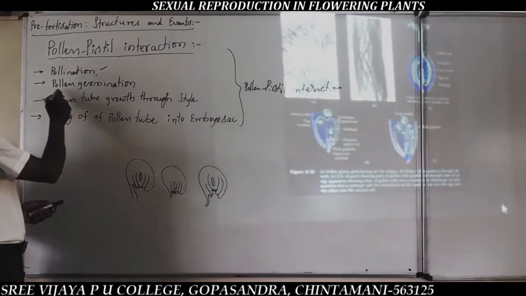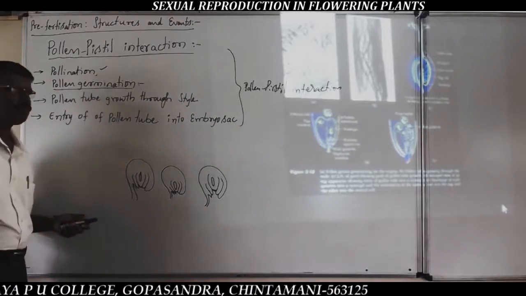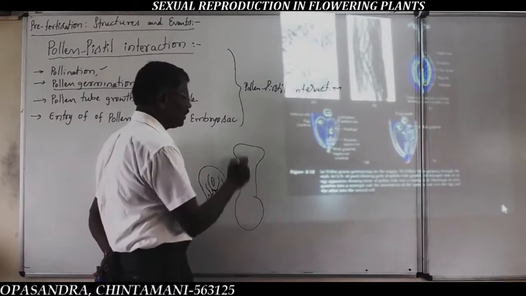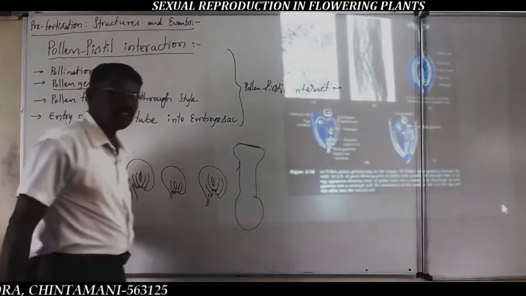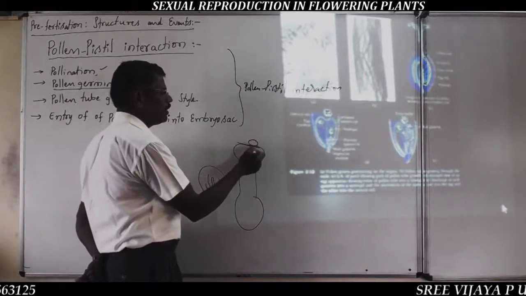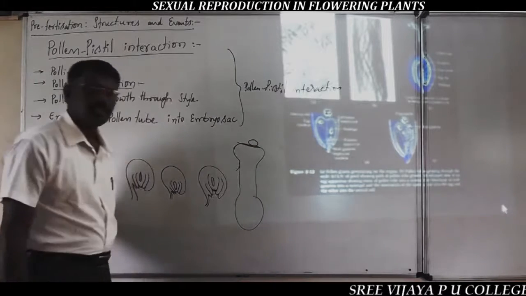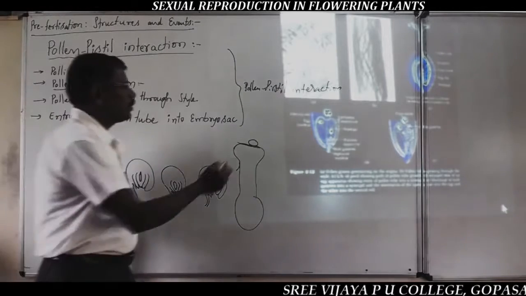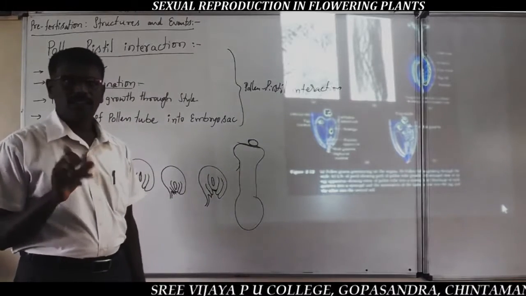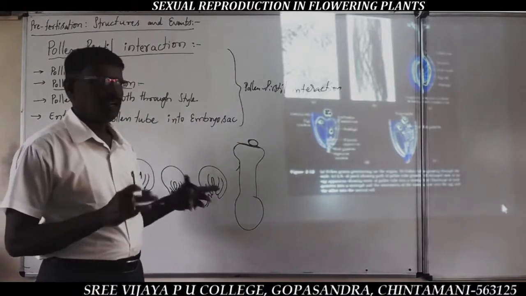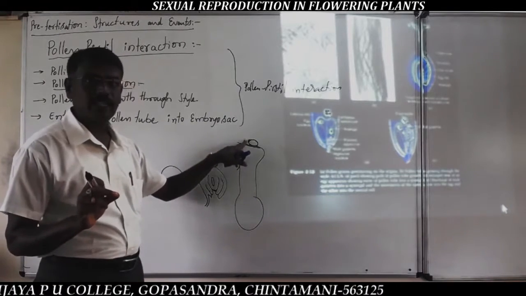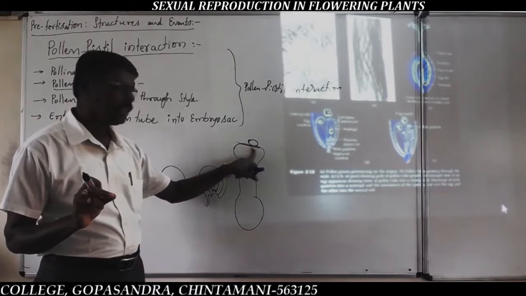The second one is pollen germination. The stigma is the landing surface of the pollen grain. When the pollen grain falls on the stigmatic surface of a pistil, the pollen is accepted or rejected based on chemical analysis of the pollen grain and of the stigmatic surface.